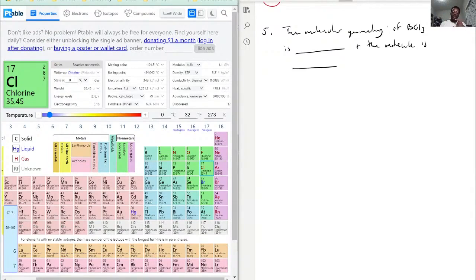So boron has 3, oxygen has 6, nitrogen has 5, things like that. So it only has 3. Chlorine, following that same rule, would be 7. So we have 3 plus 7 plus 7 plus 7. So that's 21 plus 3, that's 24. So we have 24 electrons total.